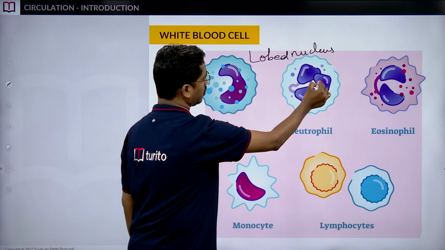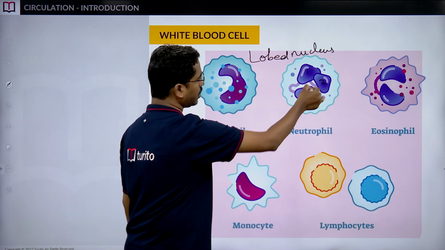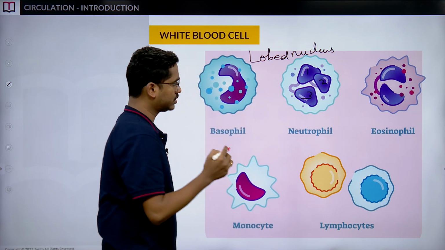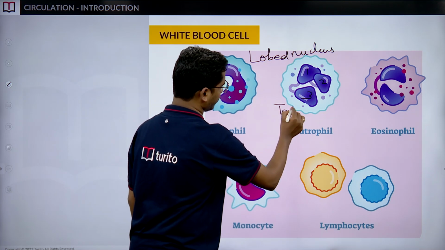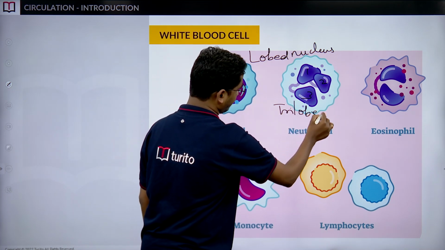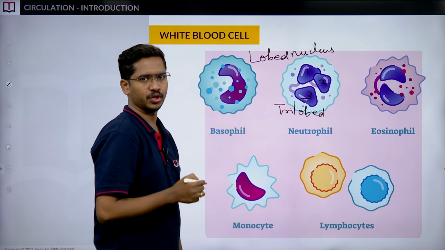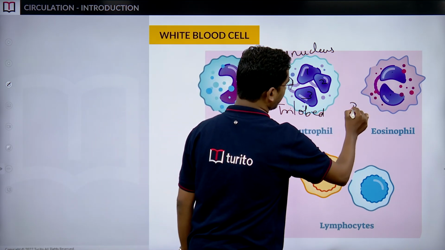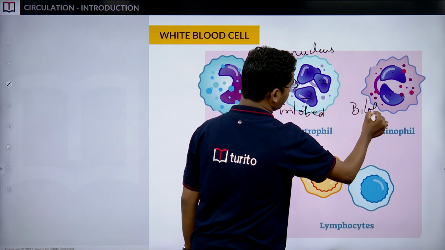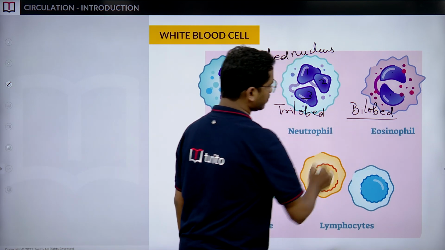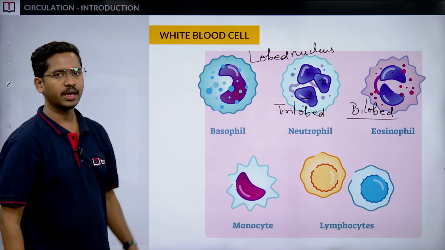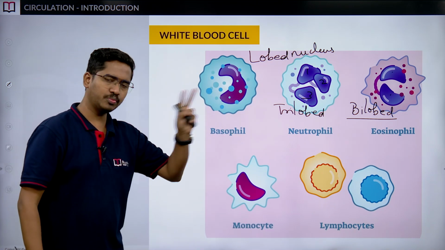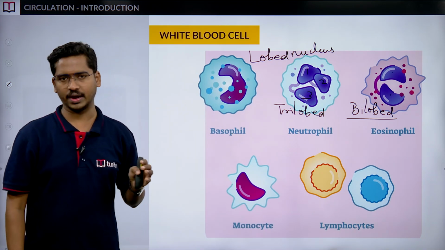Here you have a 3 lobed structure, a trilobed structure. So, I am writing here: trilobed nucleus. When it comes to this and this, you will see it has a bilobed structure. So, those are the 2 points you can find in common.